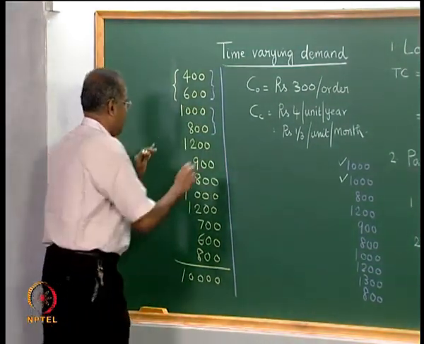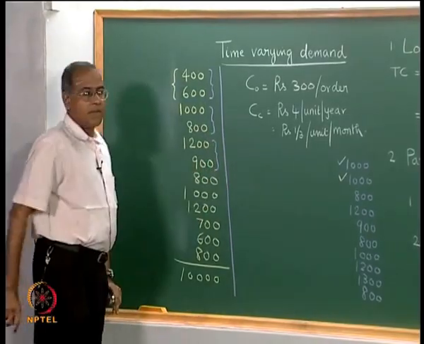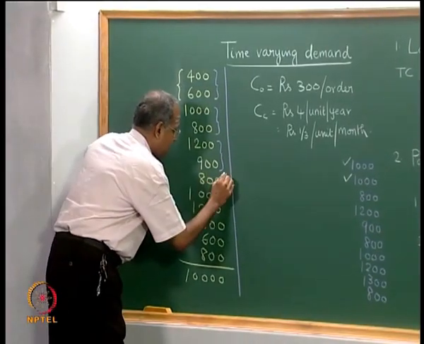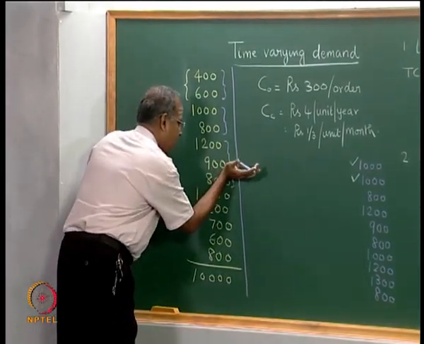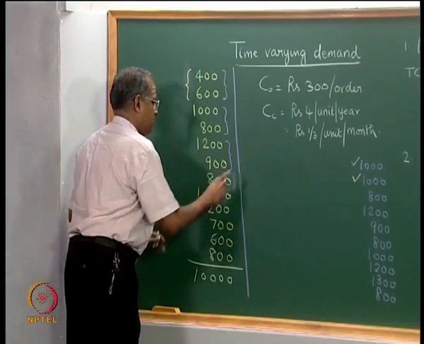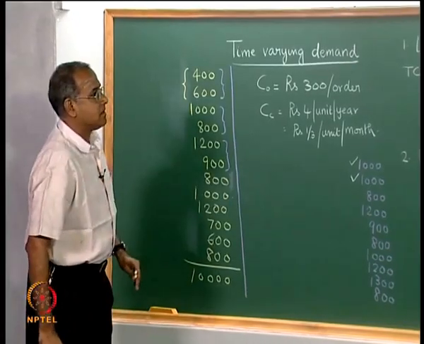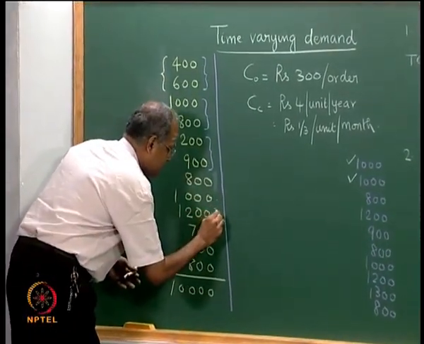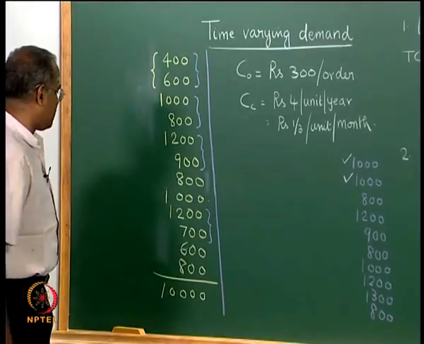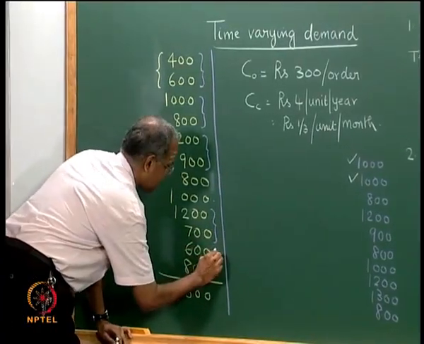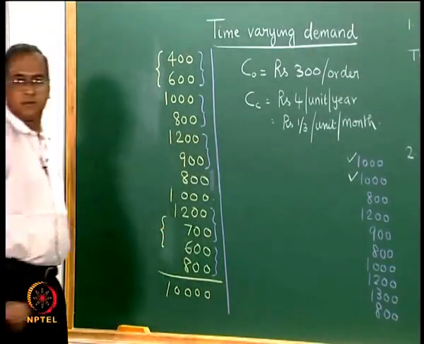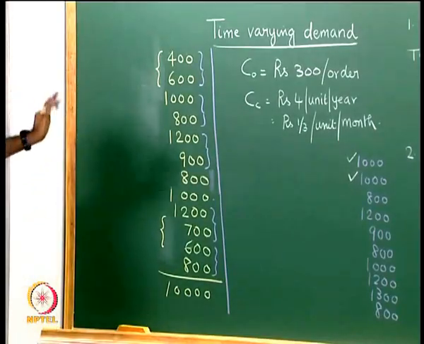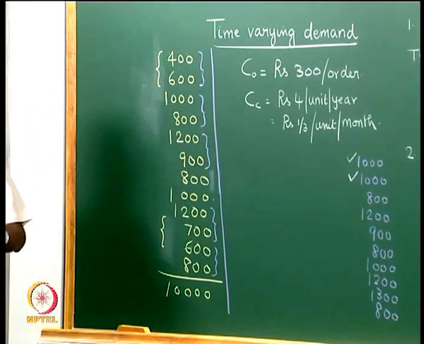Then we do 2100, we end up ordering these two together, then we have an 800 which is here, then we have 1000 which is here, then we have 1900 which comes here, and then we have 1400 which actually comes here. I think in part period balancing the combination happened like this. So we realize that the solution is slightly different in silver meal compared to part period balancing.